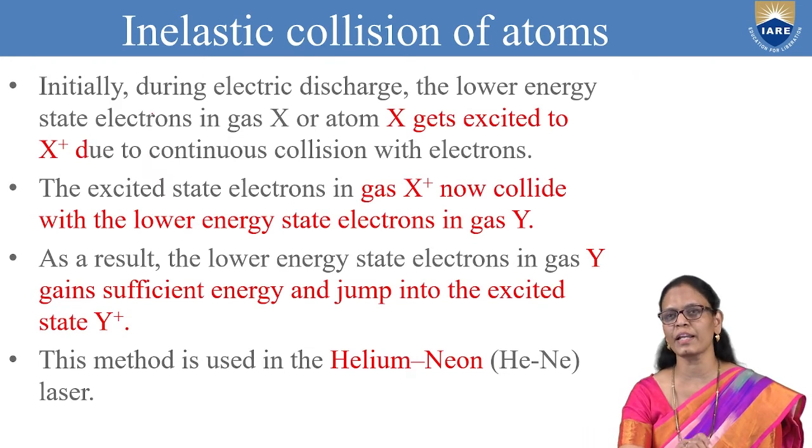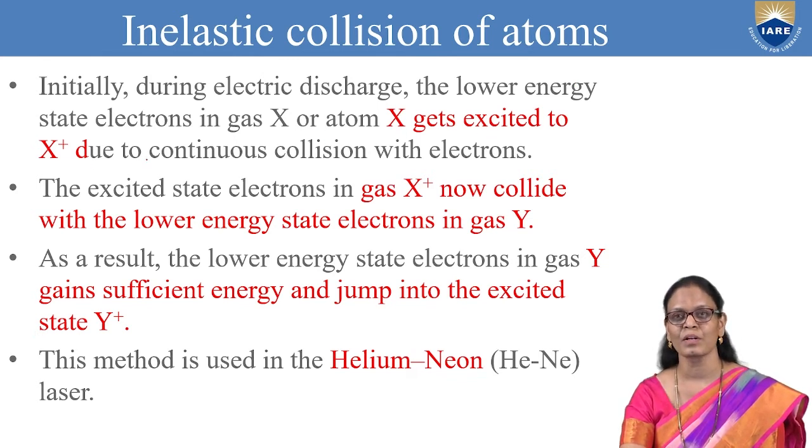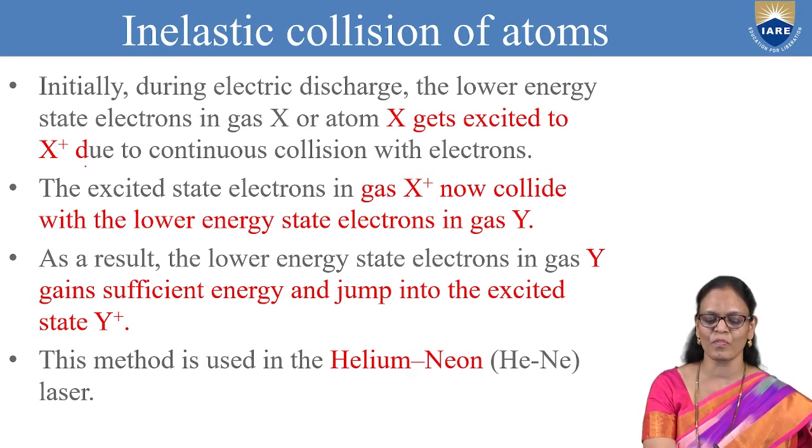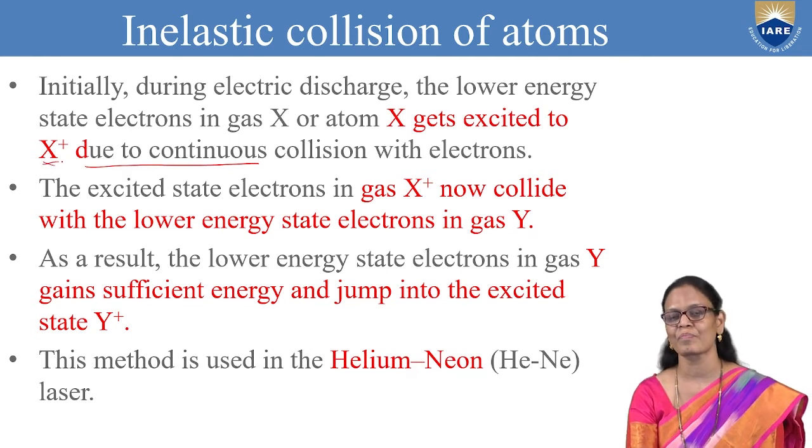Now, initially what happens? The lower energy state electrons in gas X get excited to X plus due to continuous collision with electrons. So which atoms are getting excited first? Those in X. They are getting excited because of the collision.